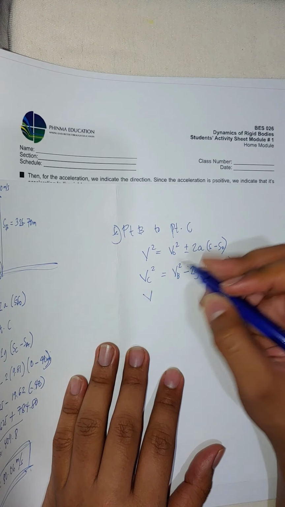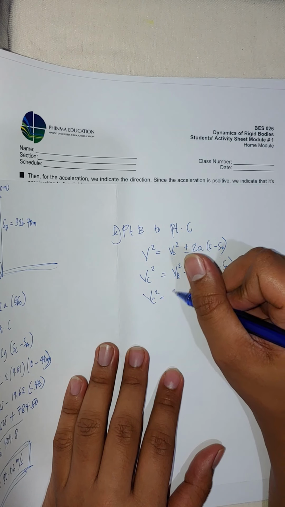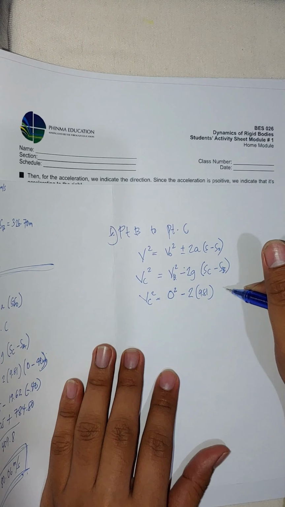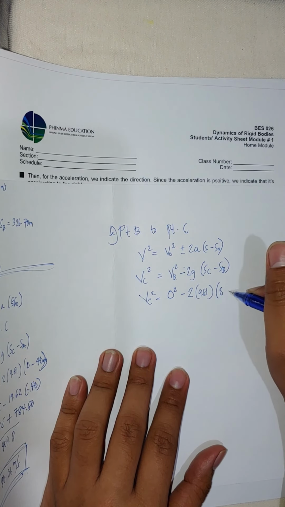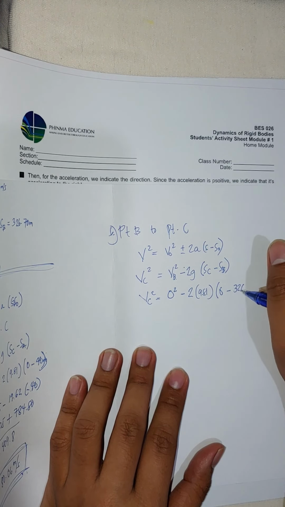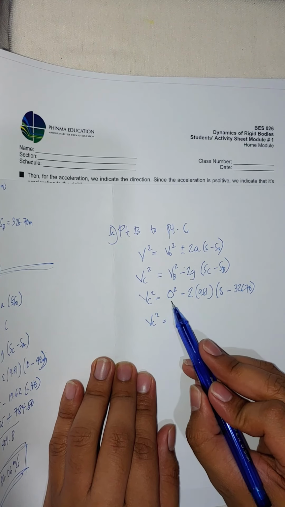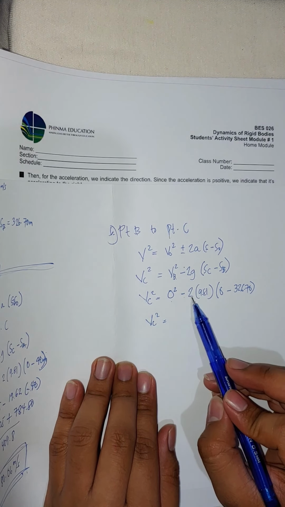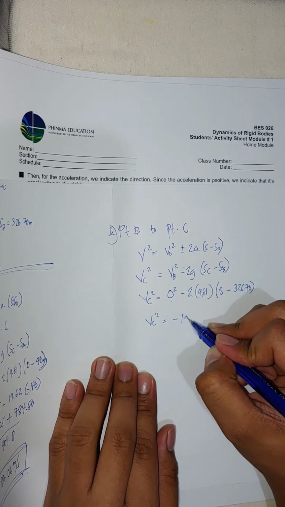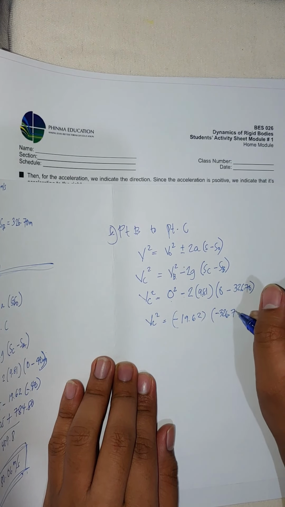So our final velocity squared is equal to the initial velocity at B, if you remember, that is 0 meters per second, squared, minus 2 times 9.81 meters per second squared of acceleration, times the final position at C, which is 0, minus position B, that is 326.70 meters. So we will have VC squared equal to 0 squared, that is 0, minus 19.62 times negative 326.70.